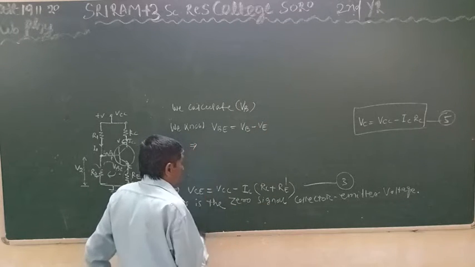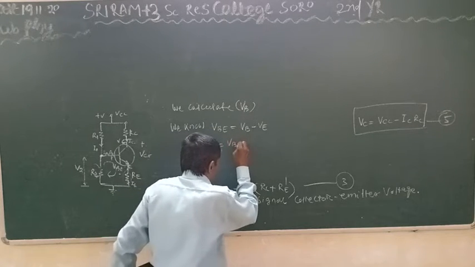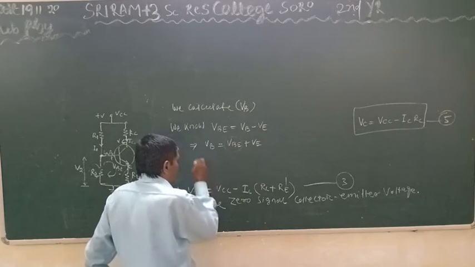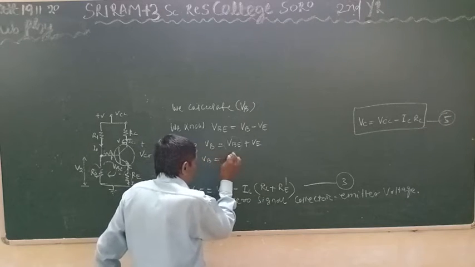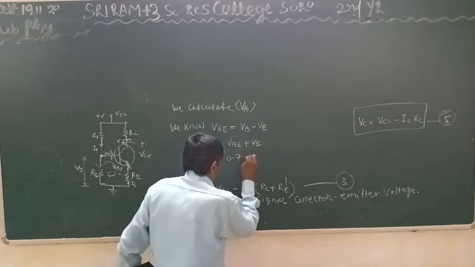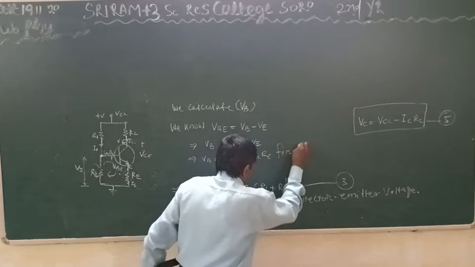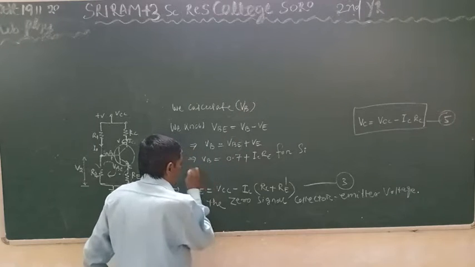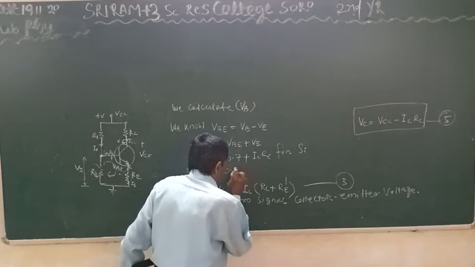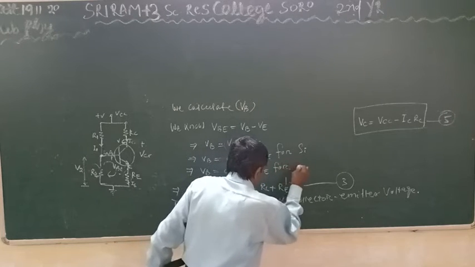So VB equal to VBE plus VE. This is the junction voltage. This voltage is 0.7 plus VE, that is ICRE, for a silicon transistor. Again VB equal to 0.3 plus ICRE for germanium.